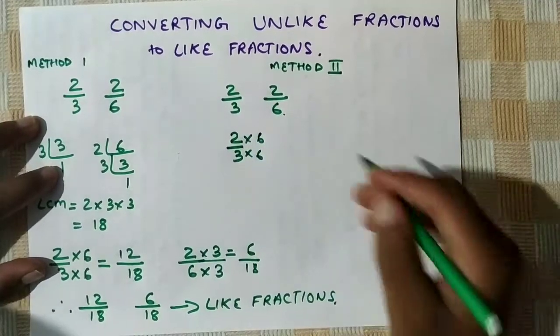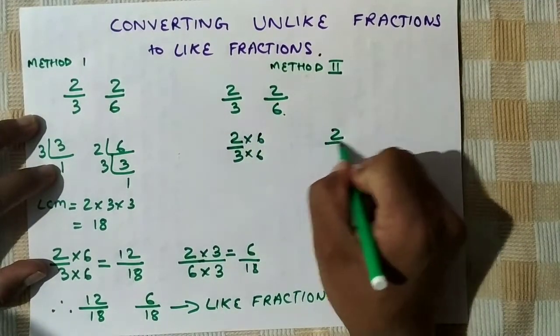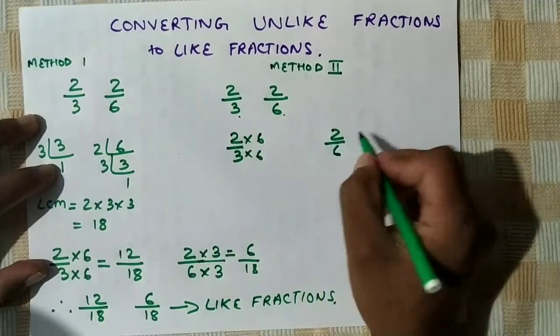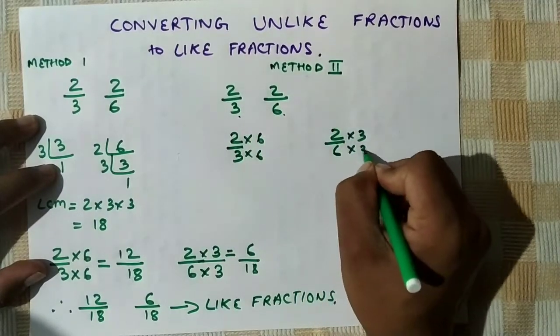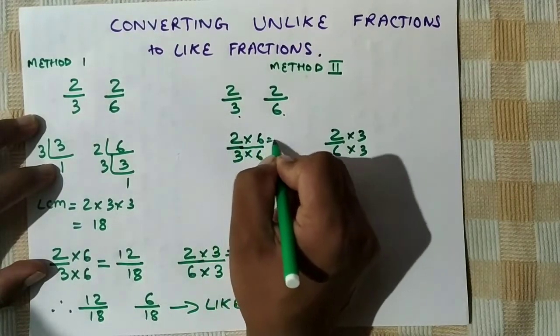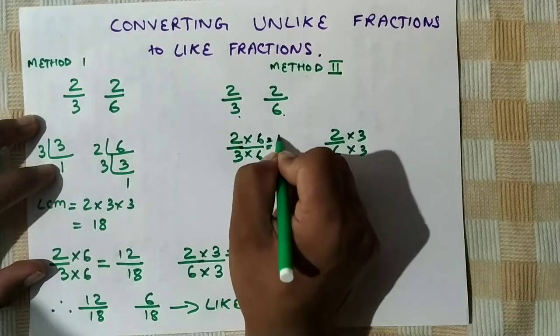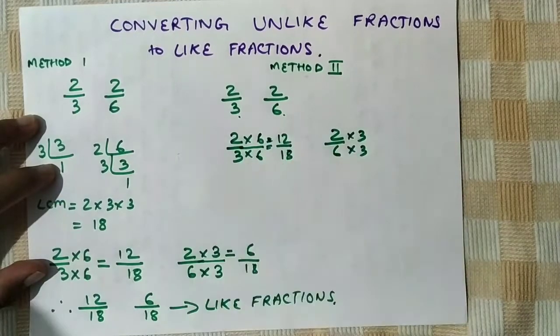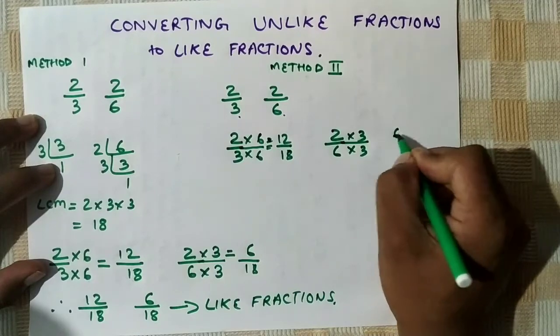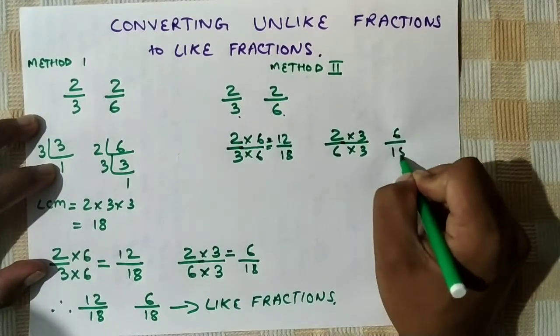And for the other fraction, 2 by 6, we'll have to multiply with the other fraction's denominator, 3. So 2 sixes are 12, 3 sixes are 18, and 2 threes are 6, 6 threes are 18.